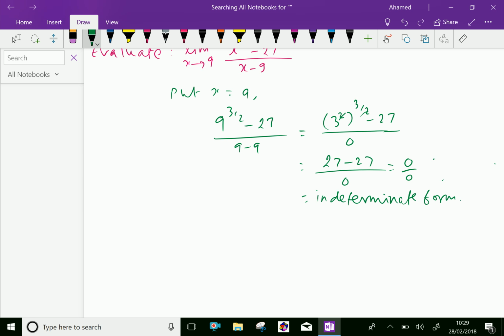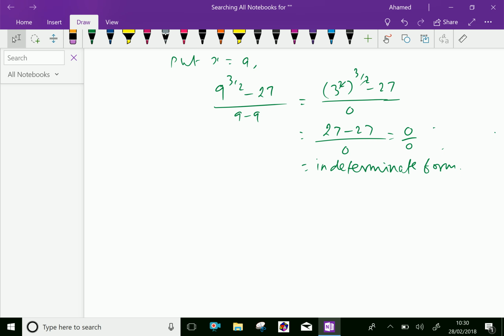So we will use the rule of limits. The limit as x tends to 9 of x^(3/2) minus 9^(3/2), because 27 is expressed as 9^(3/2), over x minus 9.